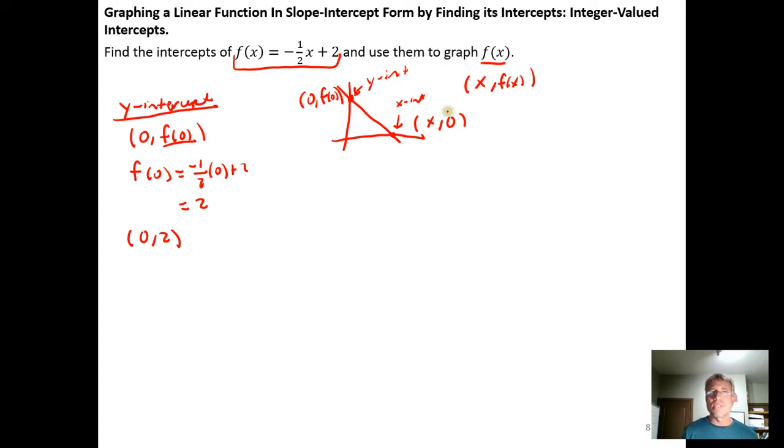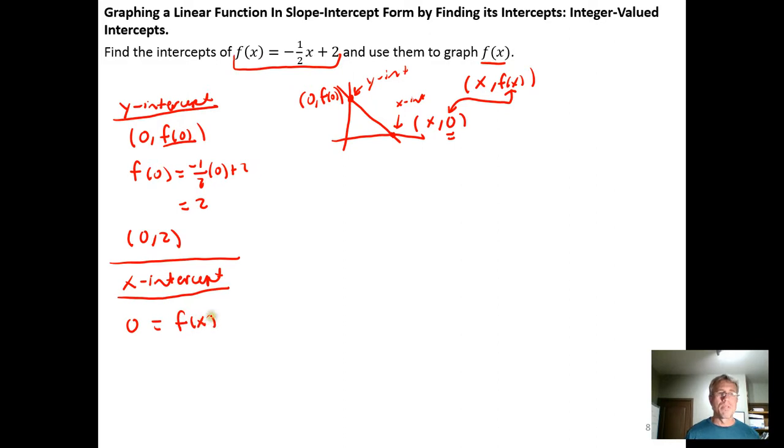So this tells us that the output, f of x, needs to be equal to 0 when we're at the x-intercept. So if we're looking for the x-intercept, what we want to recognize is that 0 will need to equal f of x. The output will need to be a 0 from our function.